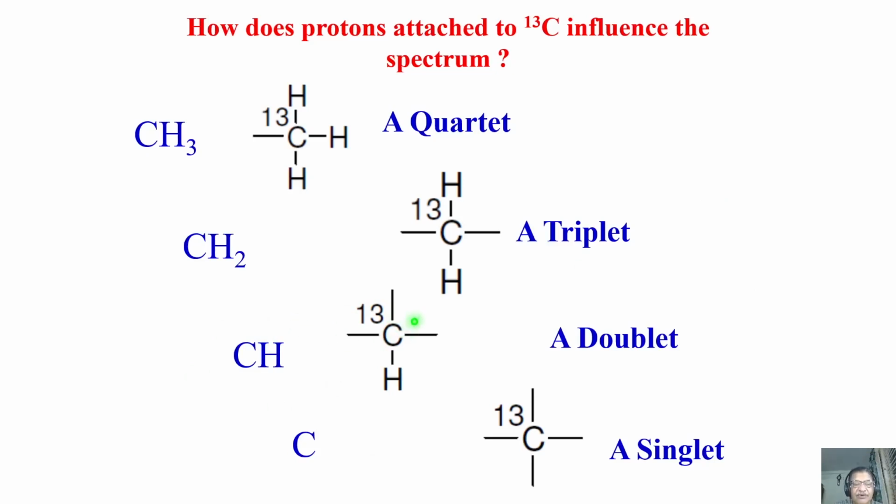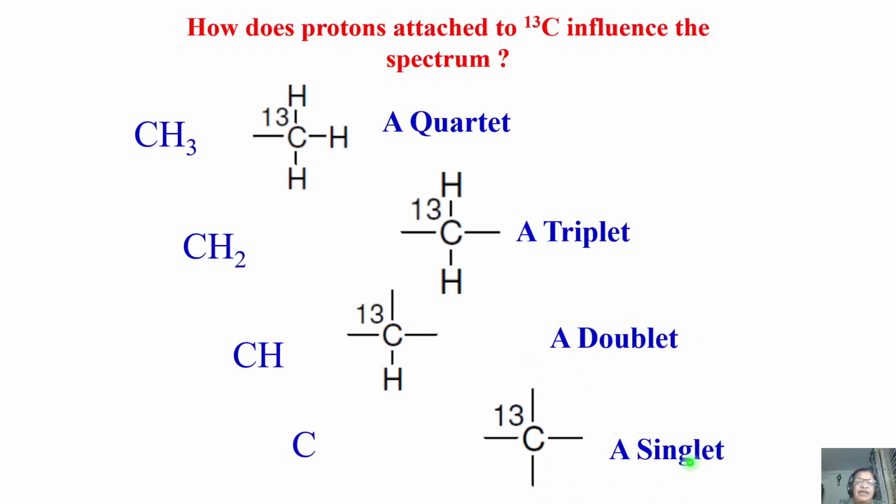This is coupled to only the single proton which is bonded to it. As a consequence, this is going to be a doublet. The quaternary carbon, which is not attached to any protons directly, has no directly bonded proton, so it will be a singlet.